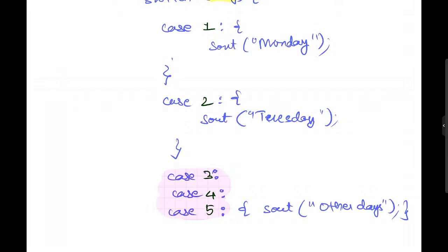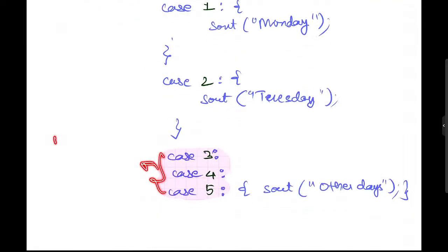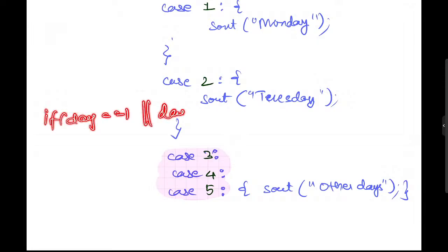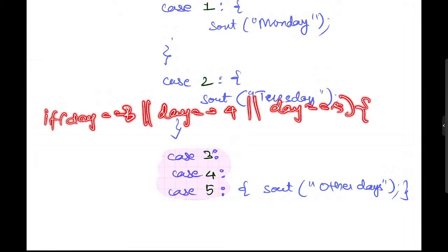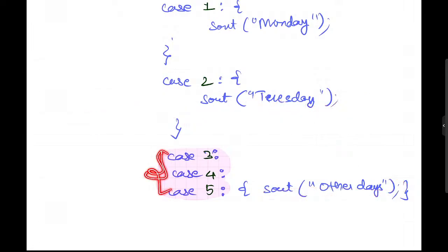Think of it like this: if day equal to 3, or if day equal to 4, or if day equal to 5, then this particular block will get executed. So this is like an OR of three case conditions. This can also be done.